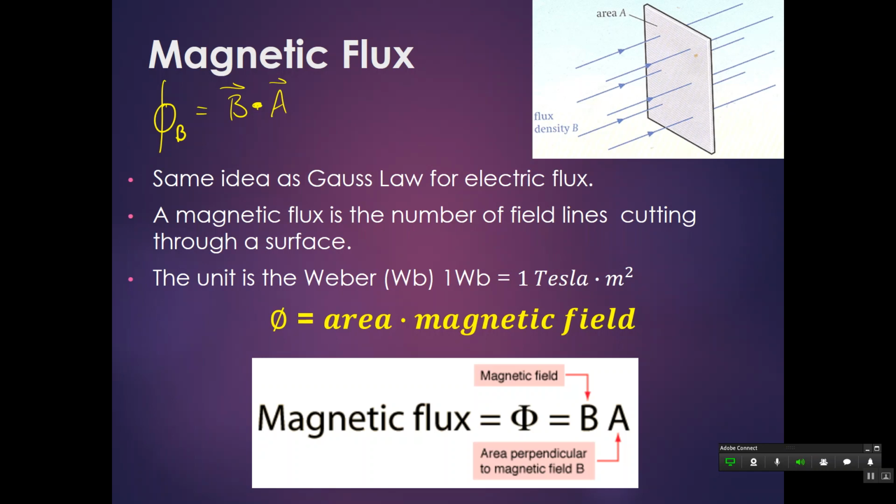It was the surface integral of B dA. If it was a uniform magnetic field or uniform electric field, you can take the field out of the integral, so you would have B times the integral of dA, and the integral of dA is just A, the area. So I can do this if it's a uniform magnetic field.